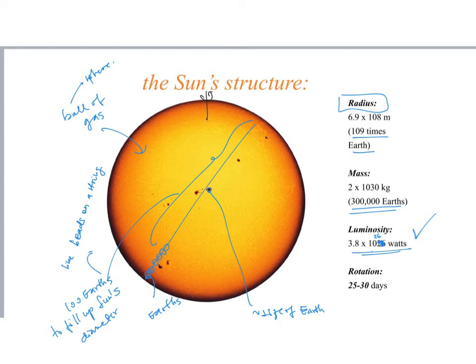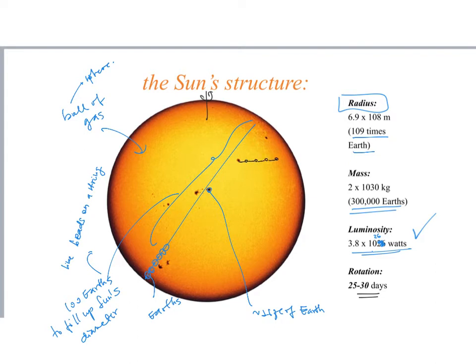It does rotate, right? So basically, every 30 days, if you monitor the sun, obviously through a specialized solar telescope, you're going to see the freckles on the surface of the sun move like this.